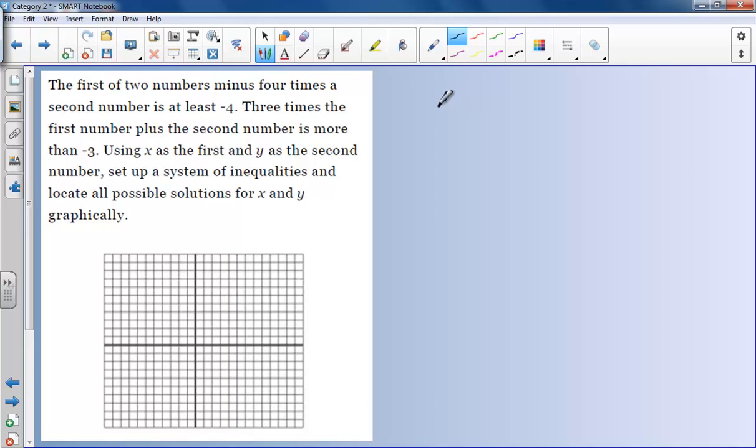So the first of 2 numbers, so that's going to be x, minus 4 times the second number, so 4 times y, is at least 4. It can't be less than 4, so it has to be greater than or equal to 4, so at least means greater than or equal to. 3 times the first number, so 3 times x, plus the second number, is more than, or greater than, but not equal to, -3.